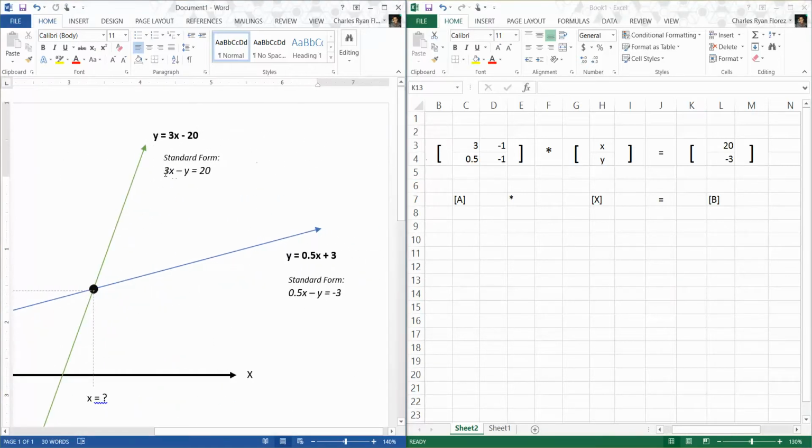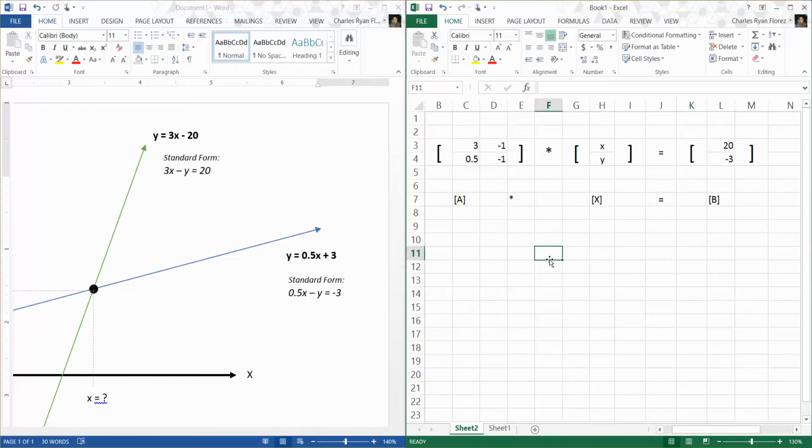My coefficients here, 3 and -1, will go here in my matrix, and my answer, which is 20, will go here. This will produce a 2 by 2 and a 2 by 1, and respectively, 0.5 here and -1 here and -3 here.